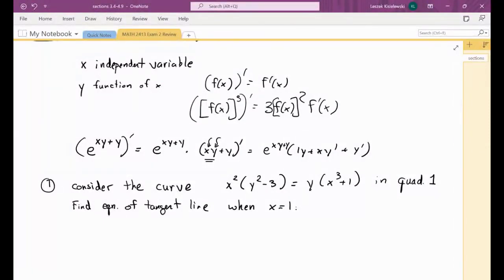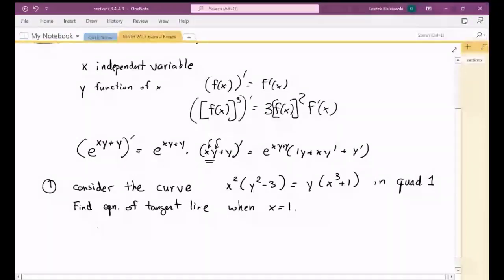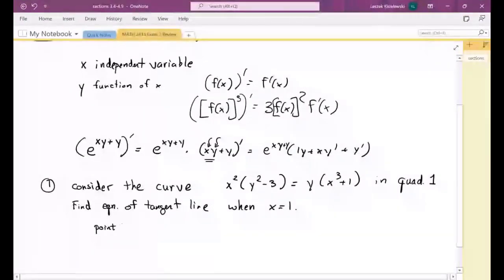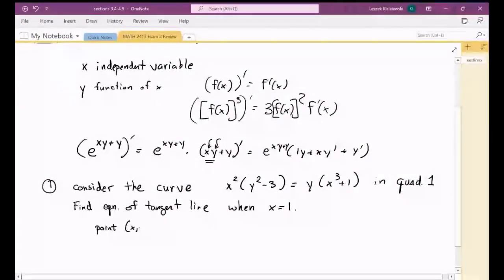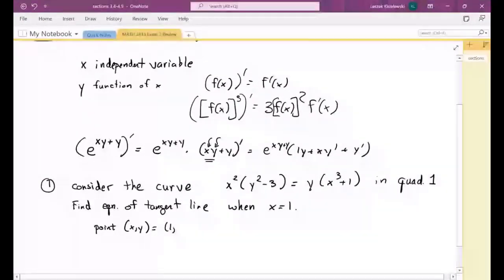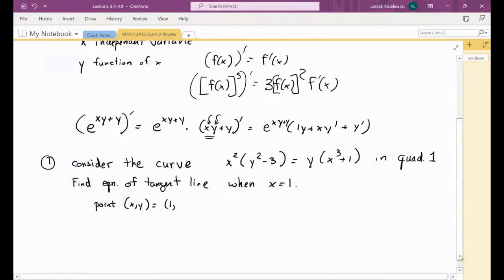So what do we need to do or have? What information do we need to get a tangent line, or any line for that matter? Well, we need a point, and we already know the x coordinate is 1. So how can we find the y coordinate? They might tell you, right?